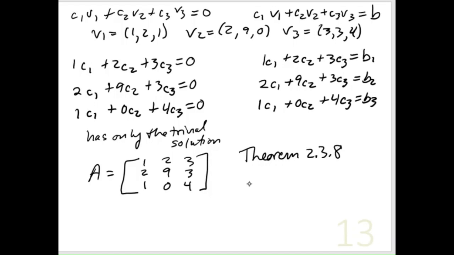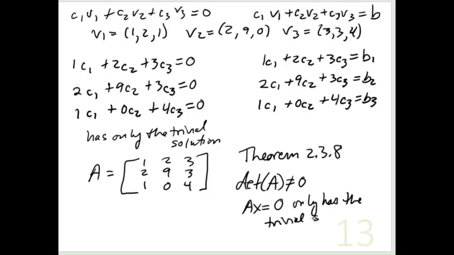Well, we know that if the determinant of A does not equal 0, then AX equals 0 only has the trivial solution, which would lead us to conclude that those vectors are indeed linearly independent.